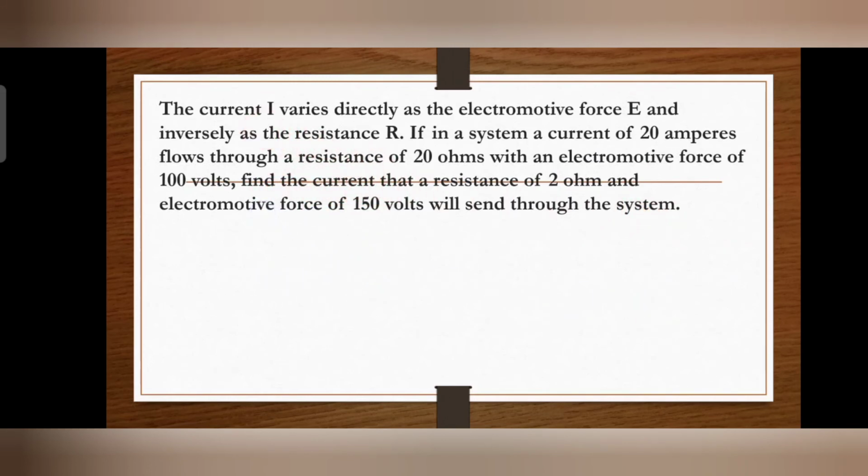Itong I. First is we are going to write muna the equation. So dito natin malalaman kung ano yung equation natin. Itong statement, first sentence. The current I varies directly as the electromotive force E and inversely as the resistance R. So, ibigay ko muna sa inyo yung value ng current, electromotive force, resistance.